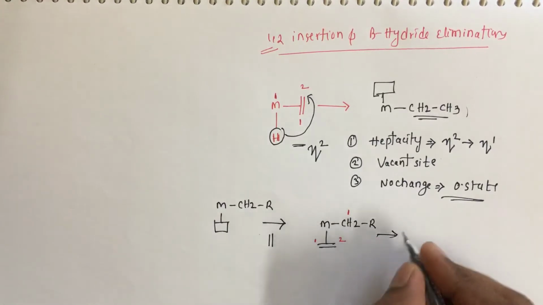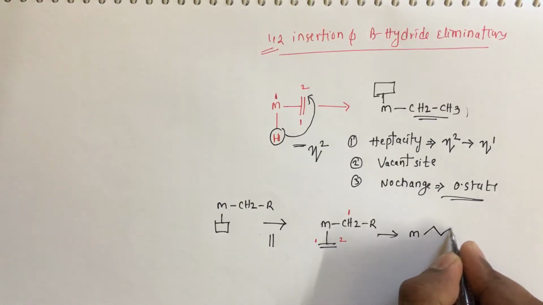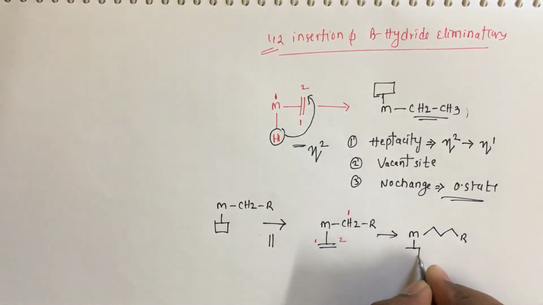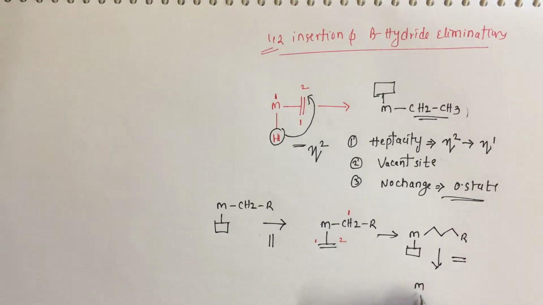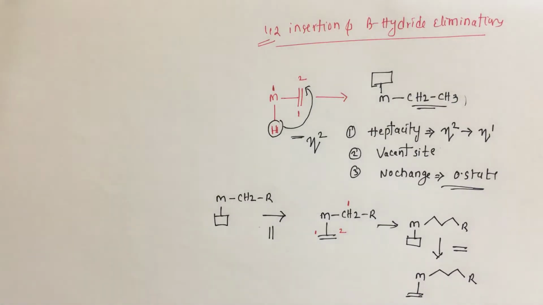So now this CH2 comes here and it becomes like this. Further, this also reacts with olefin, and this will insert here, so the reaction continues like this. So this is about the 1,2 insertion.